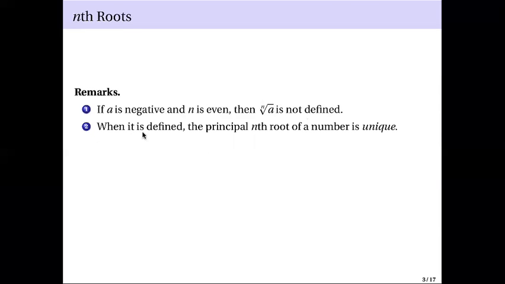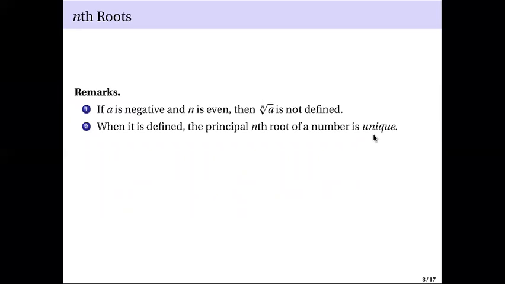Now, when it is defined, the principal nth root of a number is unique. Meaning, if this exists, whatever n is, n even or n odd, and whatever a is, that value must be unique.